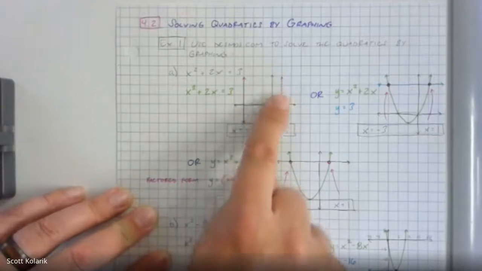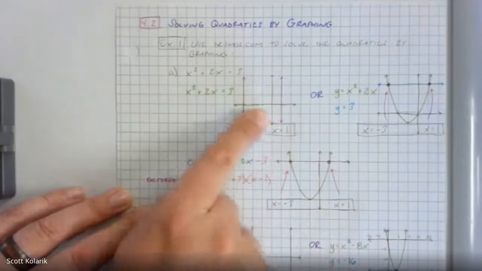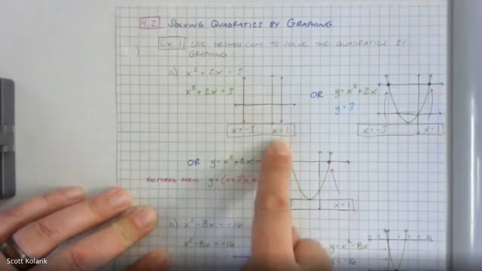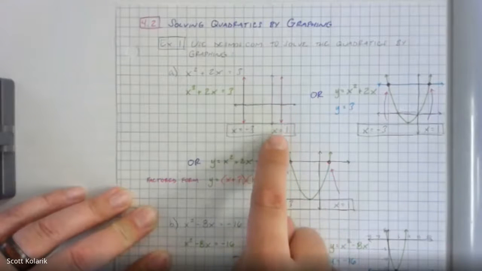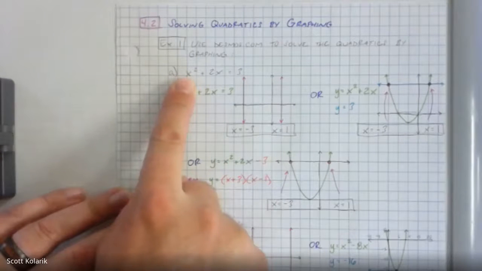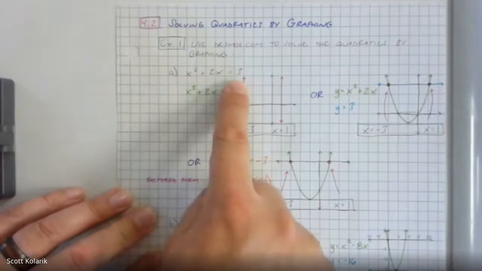So for instance, this one right here, this one on the right, it's located 1 to the right. That means that x equals positive 1. That's where the x-intercept is right there. x equals positive 1. What does that actually mean? If I were to take that positive 1 and plug it back into my original quadratic equation, it should make sense. It should check out.